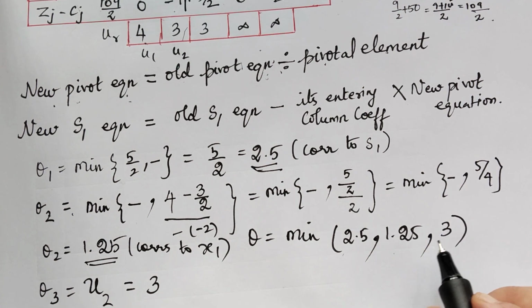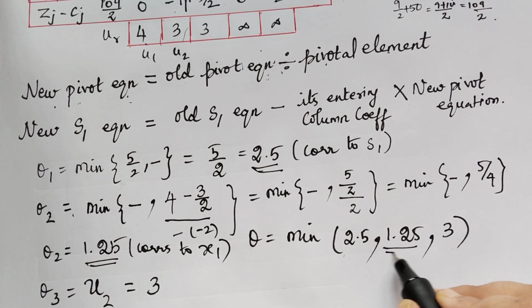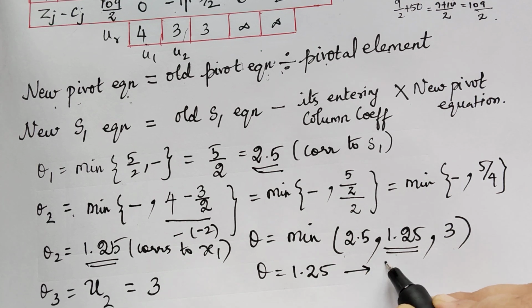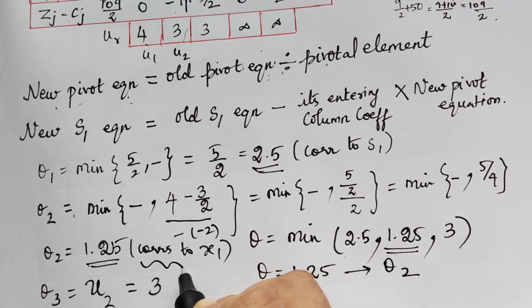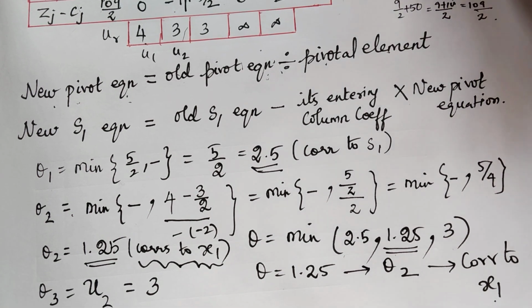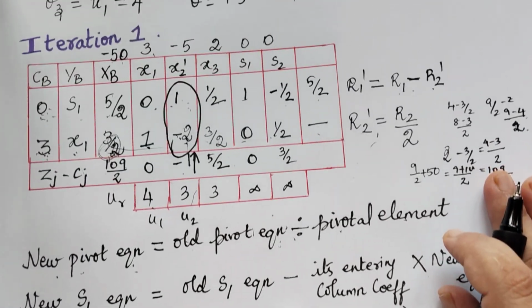What is the minimum of these three values? 1.25. So theta is equal to 1.25, which is corresponding to theta 2, and that corresponds to x1, which means that x1 leaves the table.